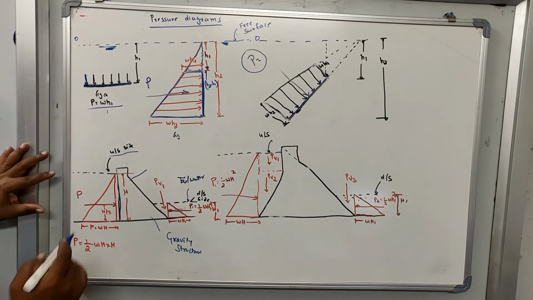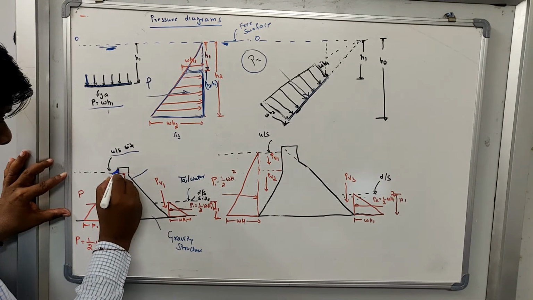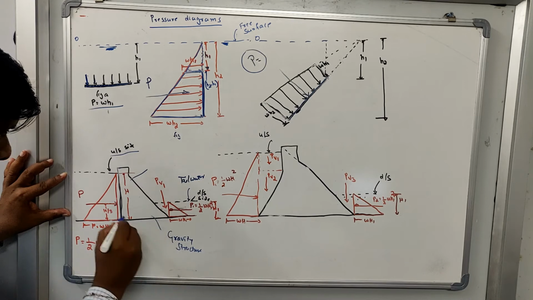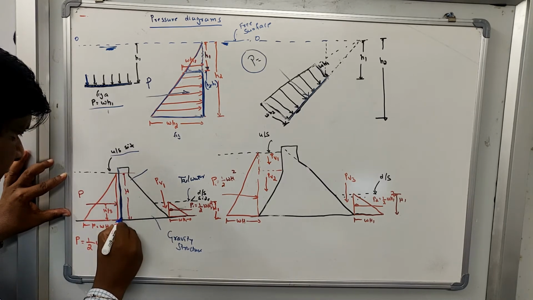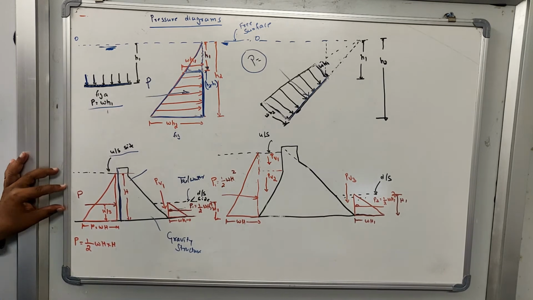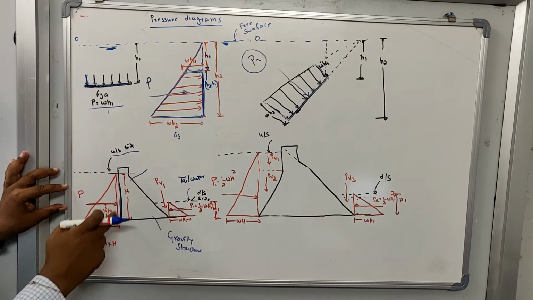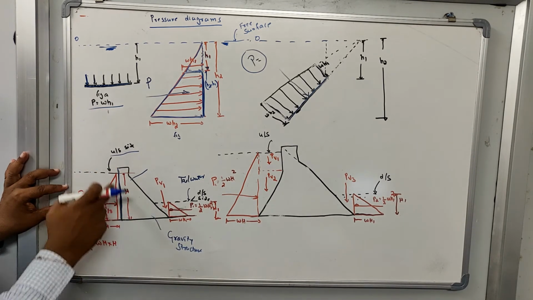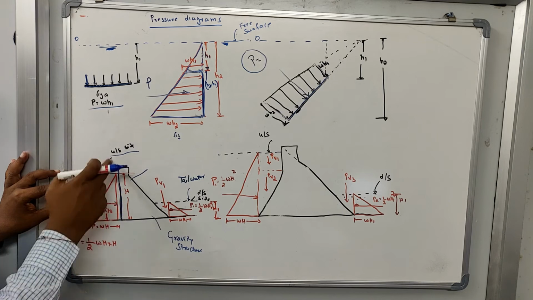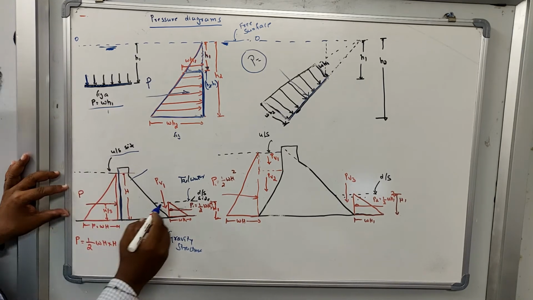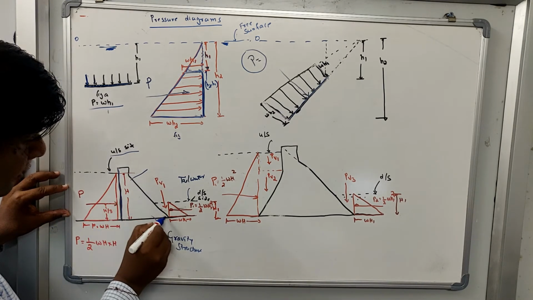Now the first case: this is a gravity type structure. The upstream face of the structure is vertical in shape. This is the upstream face of the gravity dam, and it is vertical, and it is inclined at the downstream side.